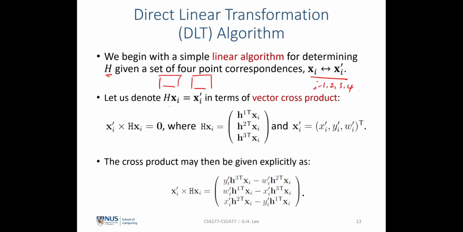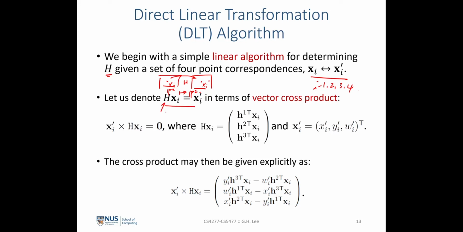This is a projection that transforms xi to another view, xi prime, and this transformation is related by H, where the mapping is from the P2 space to another P2 space. And we'll start off by looking at this equation, where the unknowns are found in H.